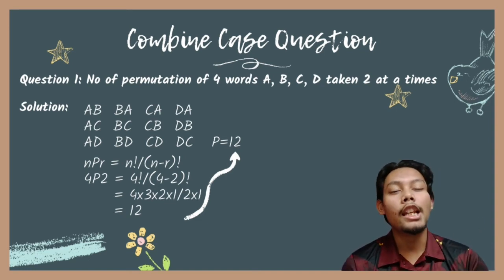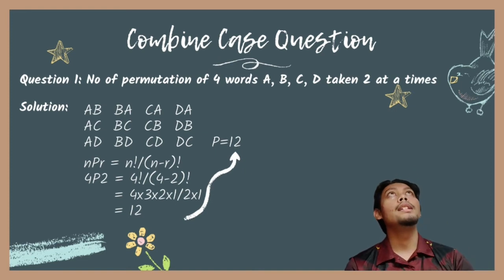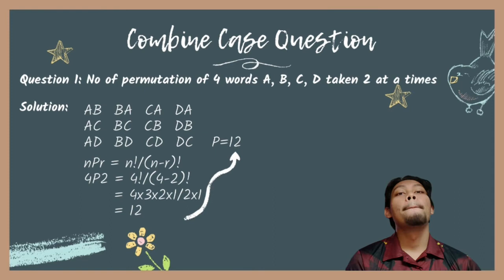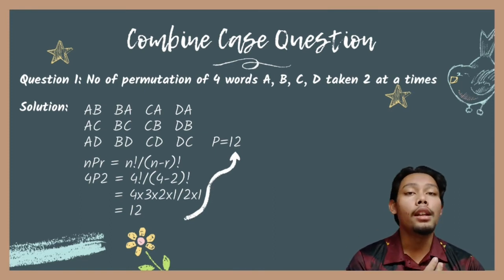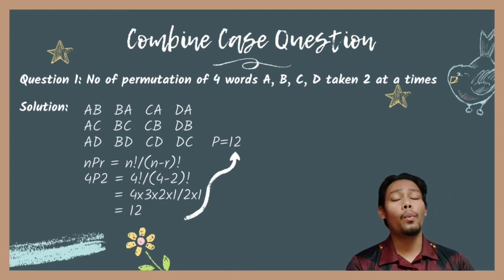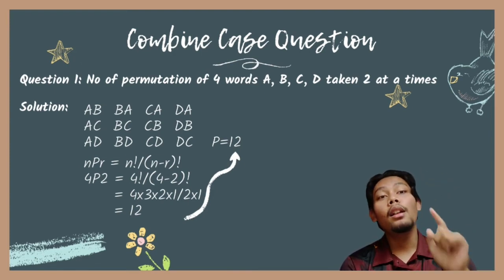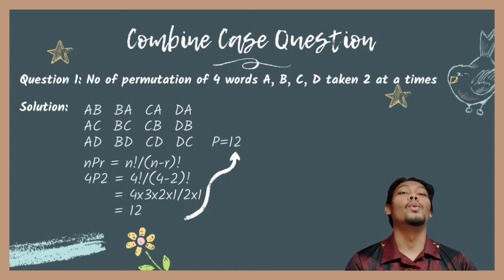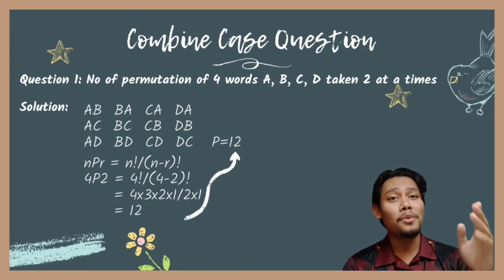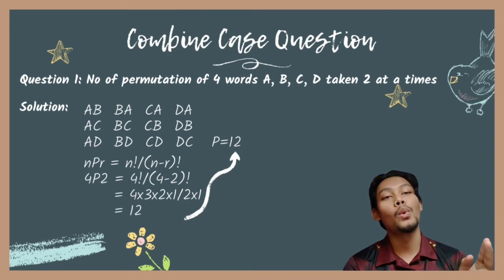So what is actually 4 factorial? 4 factorial is 4 times the numbers going down to 1. So 4 times 3, times 2, times 1. For 2 factorial, it is 2 times 1. So we write 4 times 3 times 2 times 1, divided by 2 times 1.